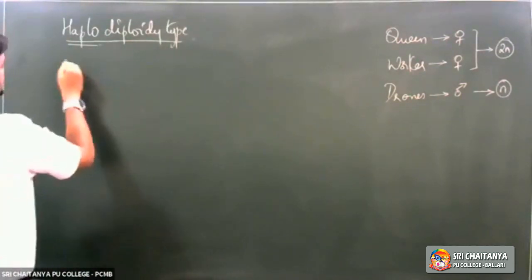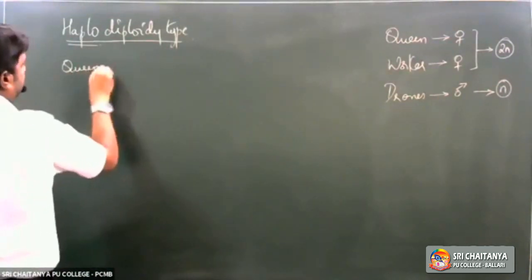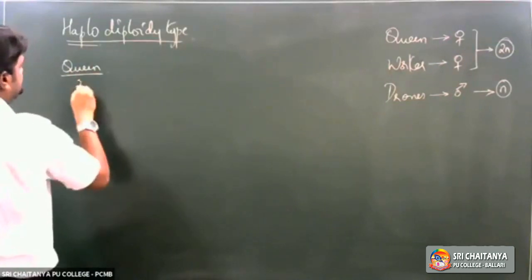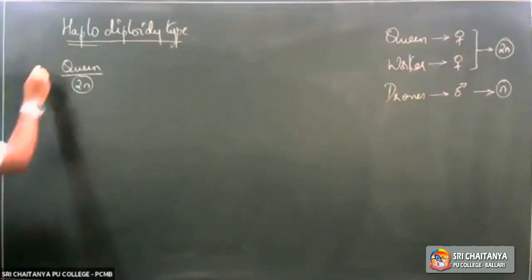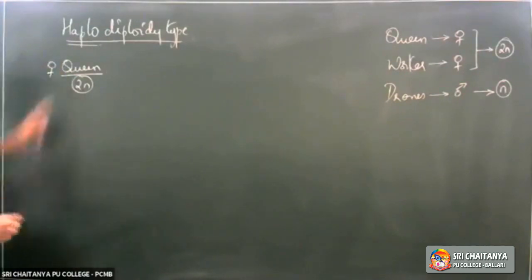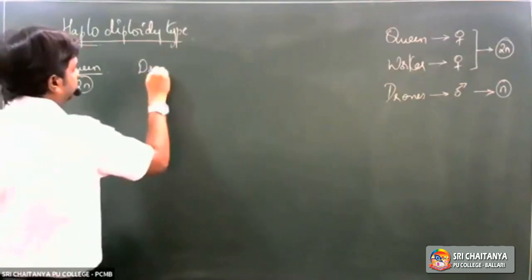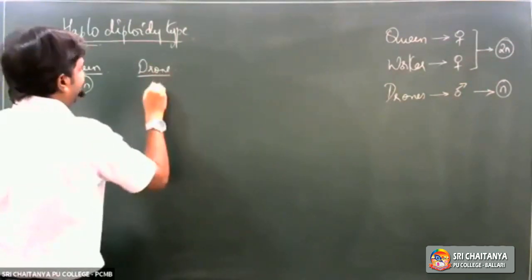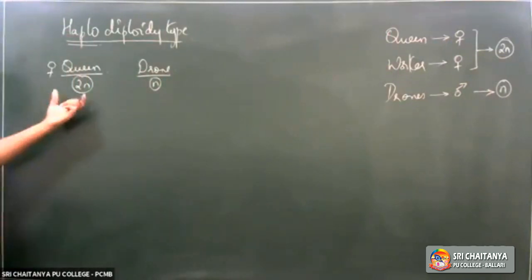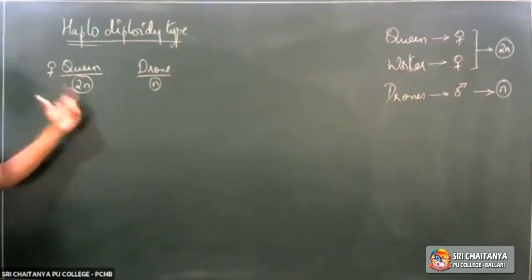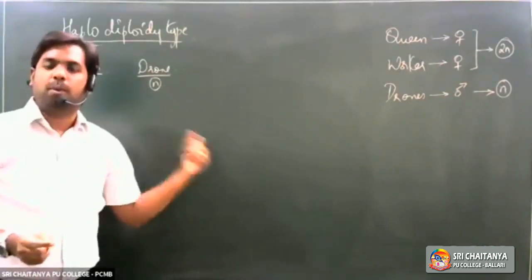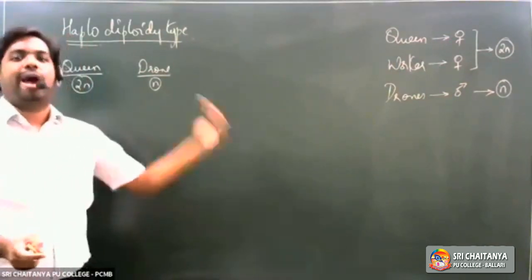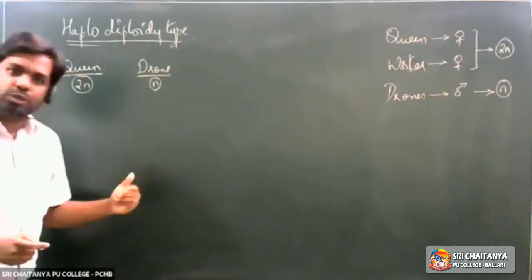Let's begin with the queen. We said queen is diploid in number, right? So the queen, which is a female, is diploid in number, and we have drone, which is haploid in number. Now this queen, before it undergoes sexual reproduction, undergoes a process called gametogenesis. And we know what exactly happens in gametogenesis, right?